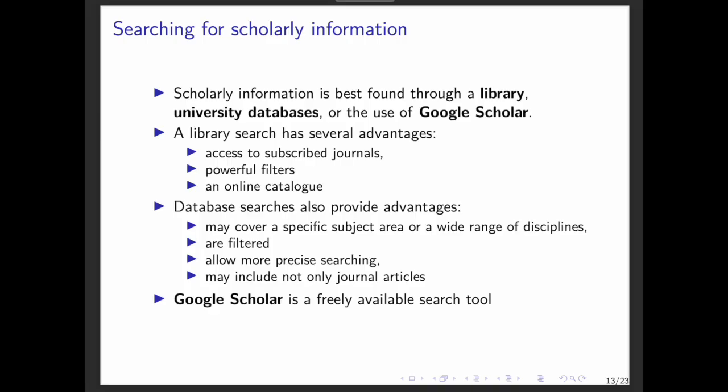They may cover specific subject areas or multiple disciplines, filter results for reliability and authority, allow precise searching, and include resources beyond journal articles, such as books, theses, newspapers, videos, and images. Google Scholar, meanwhile, is a freely available search tool that retrieves scholarly work across disciplines.